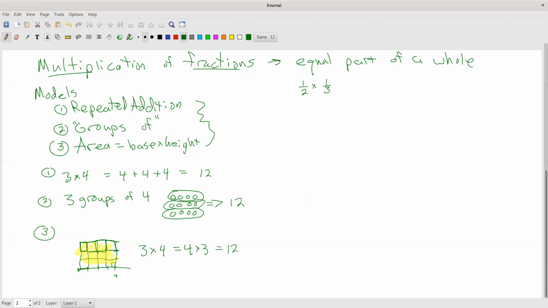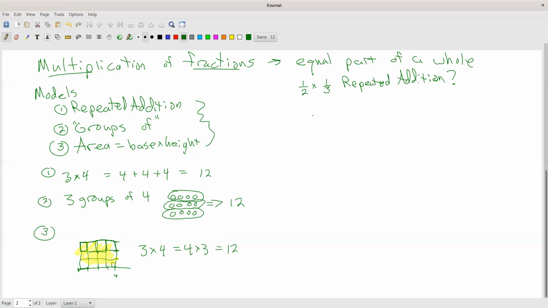Here I can definitely take 3 4s and add them, but how do I add 1/2 of a third? So as far as repeated addition, I'm not really sure what that means here. So sometimes that interpretation's rough.